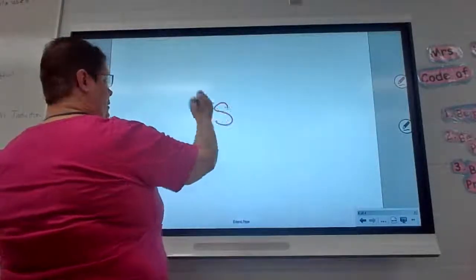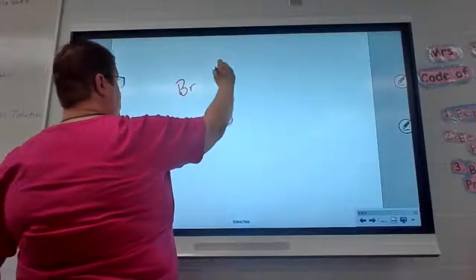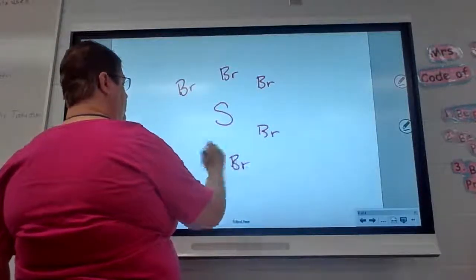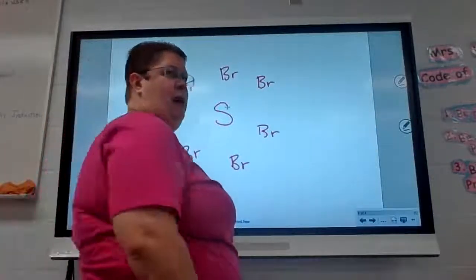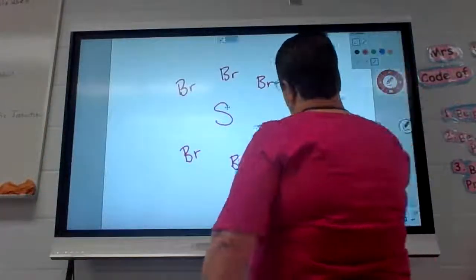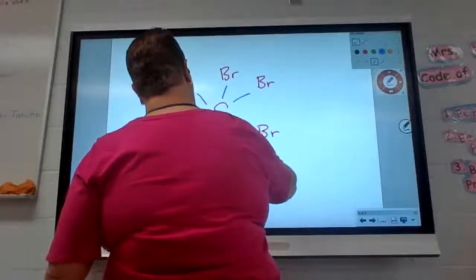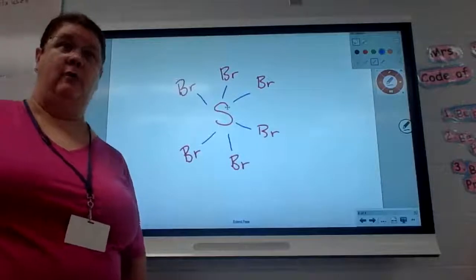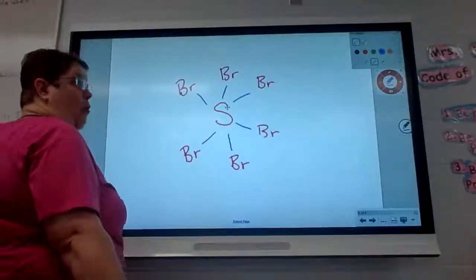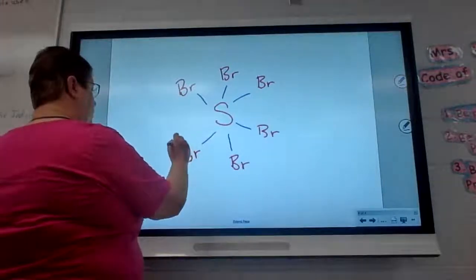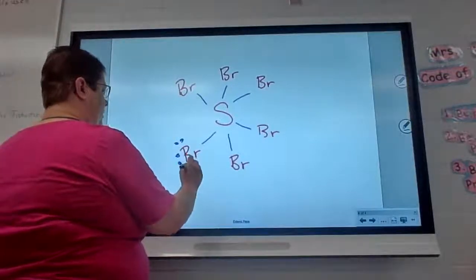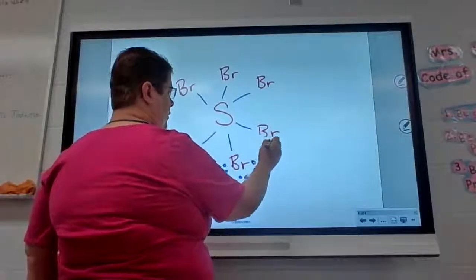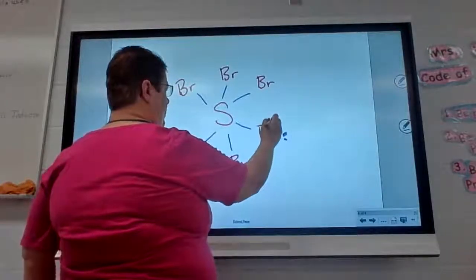So you draw S, and you draw 6 bromines around the sulfur, right? And then you count 1, 2, 3, 4, 5, 6. So there's 12 of your 48. Now we have to keep going to 48: 12, 14, 16, 18, 20, 22, 24, 26, 28, 30.